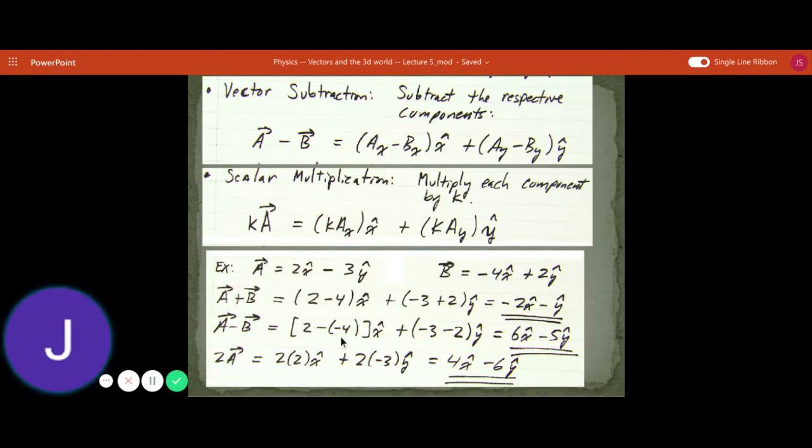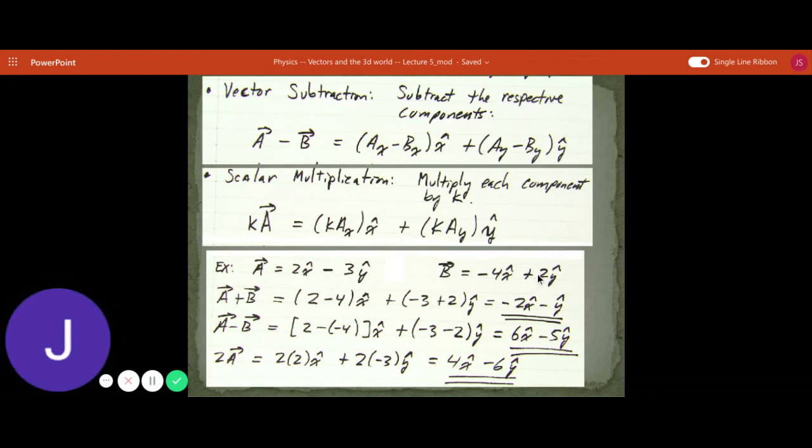For the difference, it's subtract. Remember, it means add the opposite. But 2 minus, well, what's b here? It's minus 4. You put it in there. But what will happen here? Add the opposite. So this will be 2 plus 4. You get 6. And over here, same thing with 3 minus, well, what is the y?